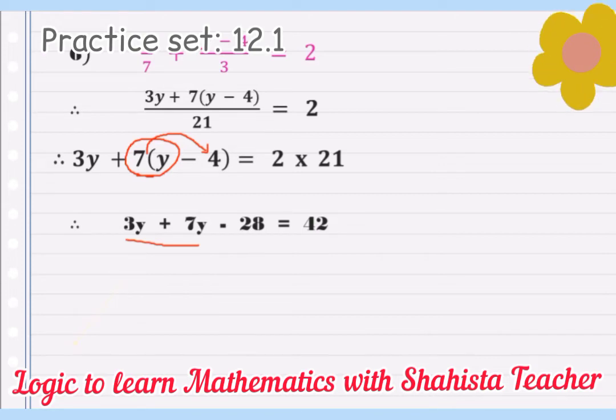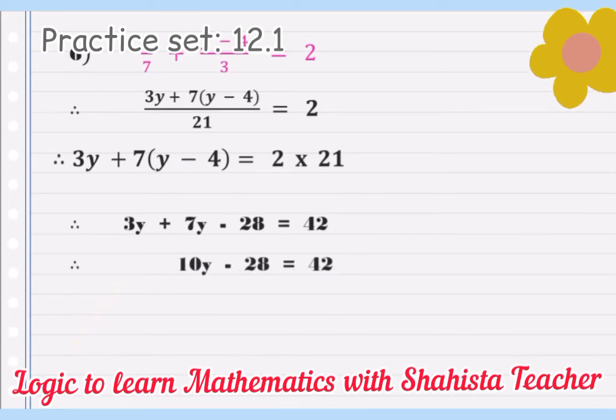So 10y minus 28 is equal to 42. Now this minus 28 will shift from left to right, so it will become 10y is equal to 42 plus 28. Is that clear? Minus 28 becomes plus 28.